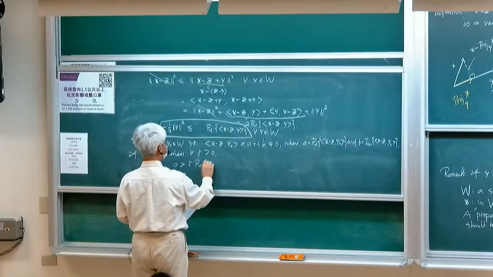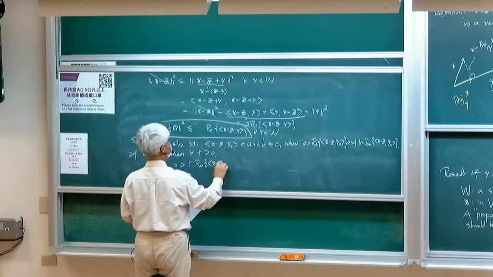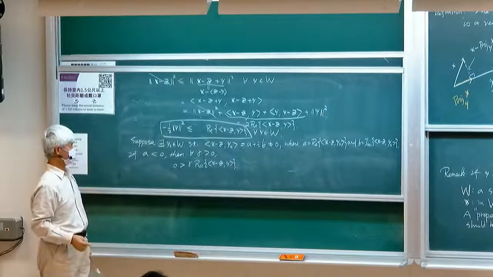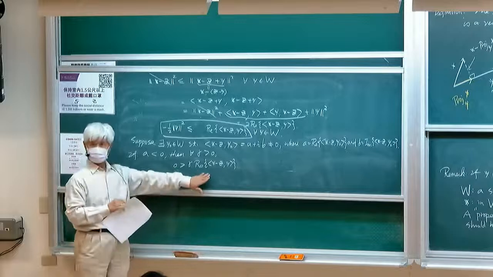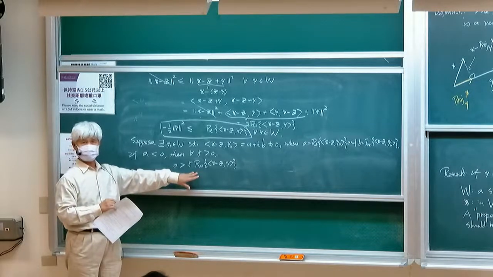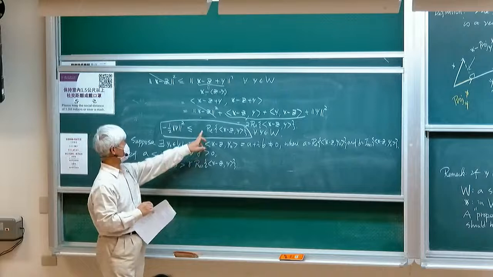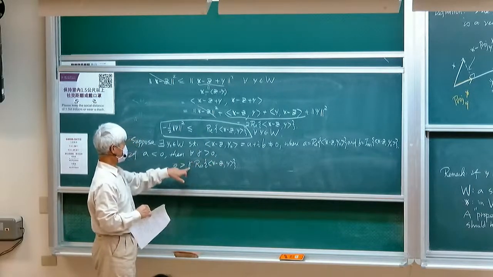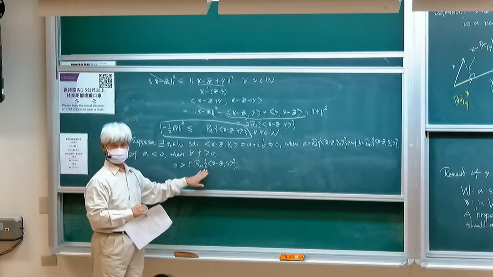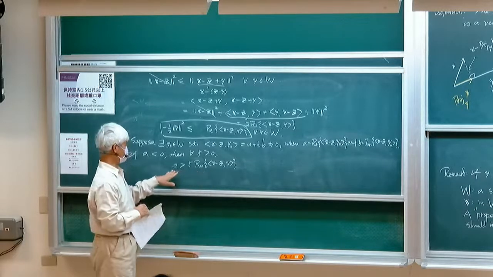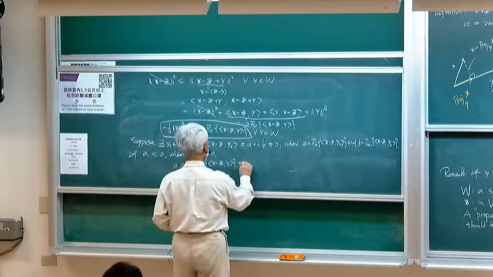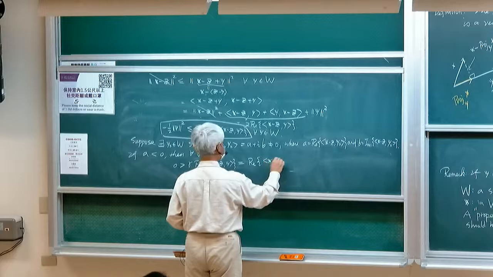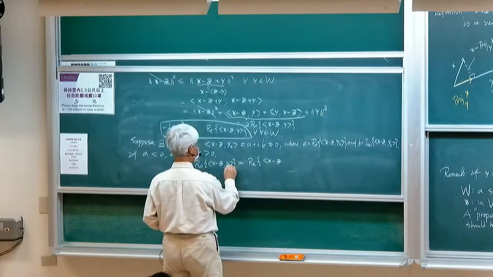So when we multiply the real part by a positive number, it's still a negative number, right? So this is correct. But what is that? This is the real part of x minus z, oh, I'm sorry, y0.